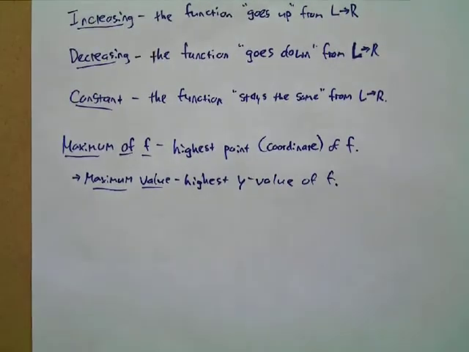So the maximum of f is the highest point or coordinate. For a point, you need an x and a y coordinate. Maximum value, that's a single number, is the highest y value of f. So if you have the maximum of f, the coordinate, then you know the maximum value as well. It's just the y value, the y coordinate of the maximum point. And so then you can figure out what the minimum stuff is too.